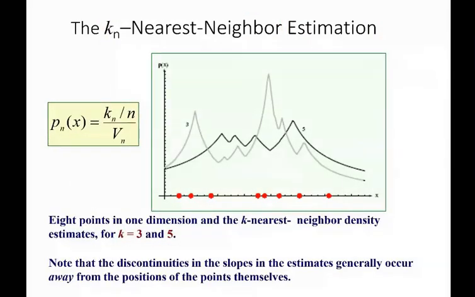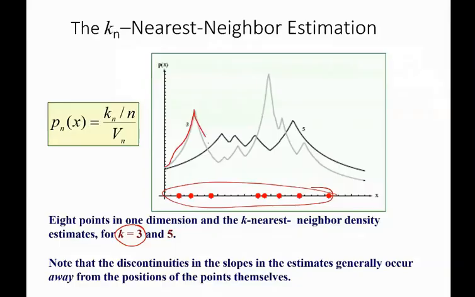Now here you will find there are some 8 samples, spread like this, and suppose I have put k equal to 3, then you will see the estimation is something like this. And if I increase neighbors to 5, then a smoother version appears as your estimation. So this is P of X and these are samples.